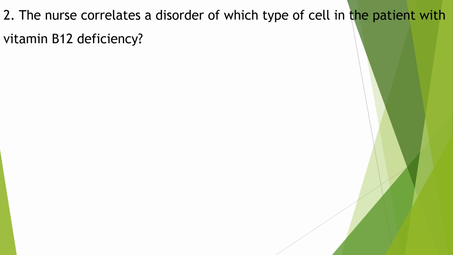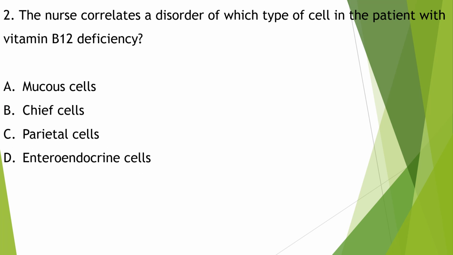The nurse correlates a disorder of which type of cell in the patient with vitamin B12 deficiency? Mucus cells, chief cells, parietal cells, enteroendocrine cells. Parietal cells secrete intrinsic factor, a chemical needed for the absorption of vitamin B12, an important component of hemoglobin synthesis.